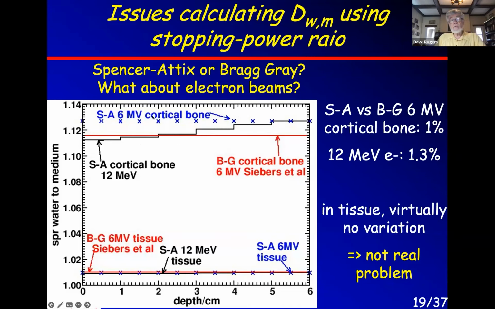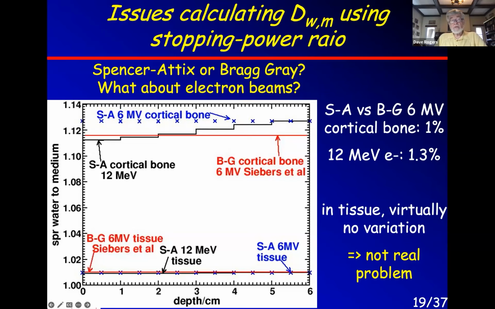But if I now do a more, in principle, more accurate Spencer-Attix, and I do it with the ratio to cortical bone, you can see that it's just about 1% different. And the good news is that it is not varying at all either as a function of depth in a water phantom or a bone phantom for that matter.